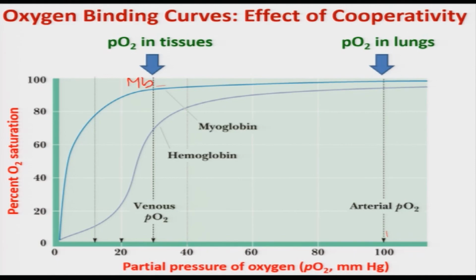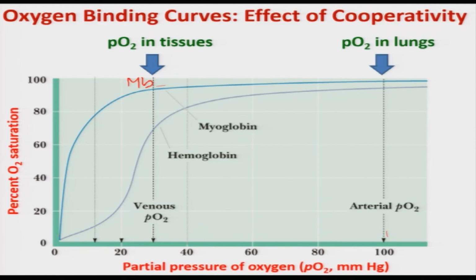In the tissue, the low oxygen pressure is good enough for myoglobin to get fully saturated. In contrast, for hemoglobin the saturation is much less. Hemoglobin requires a large oxygen concentration to get fully saturated, which is present in lungs.